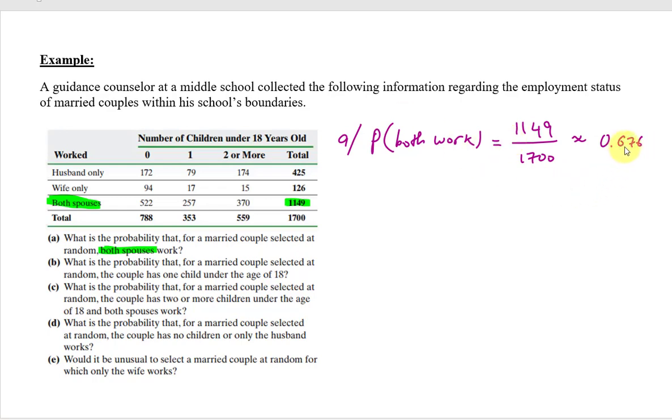That is about 68% of all the married couples selected at random having both spouses working.